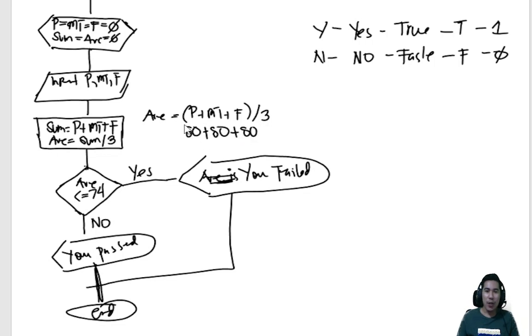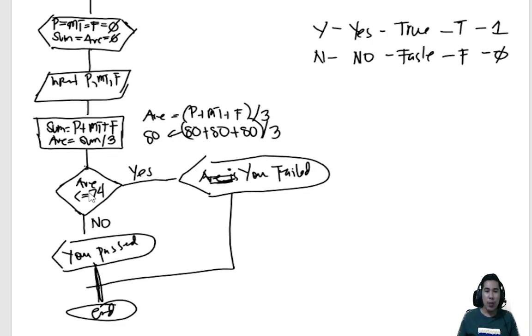The sum of this is 240. The average would be the same, so the average is 80. Is the average, which is 80, less than or equal to 74? No, therefore you pass. Since it's not yes, it didn't fail.